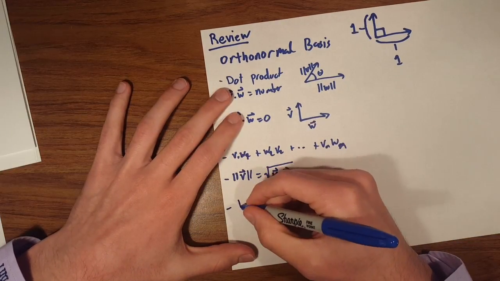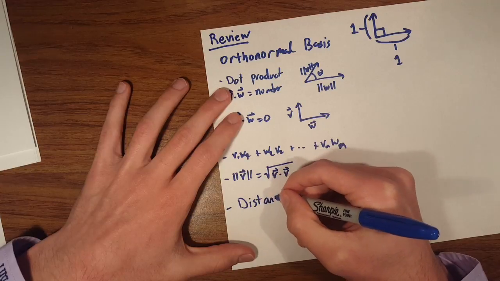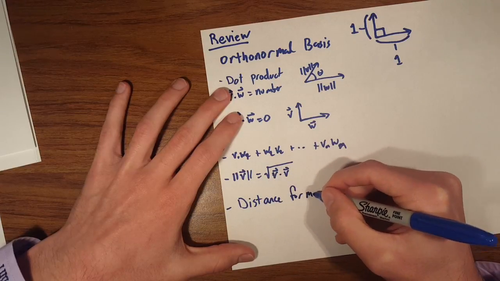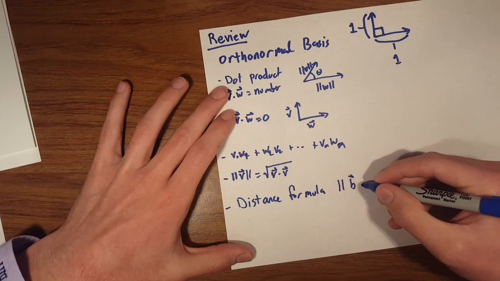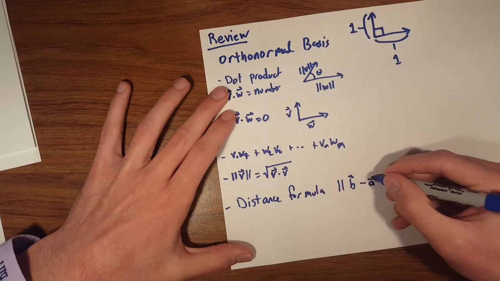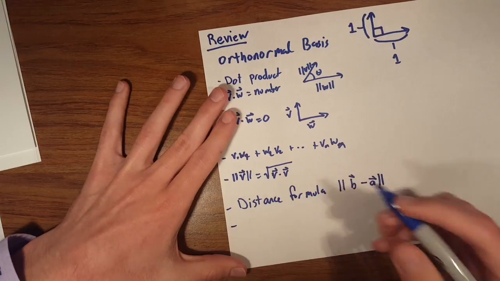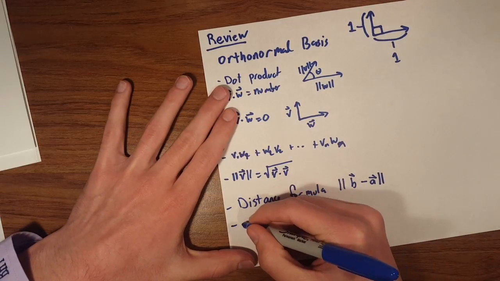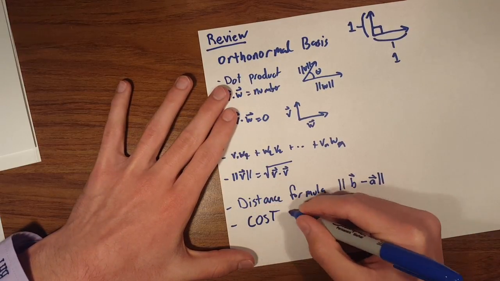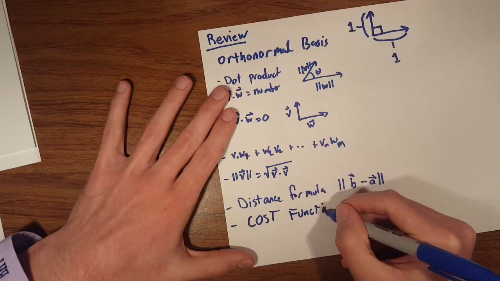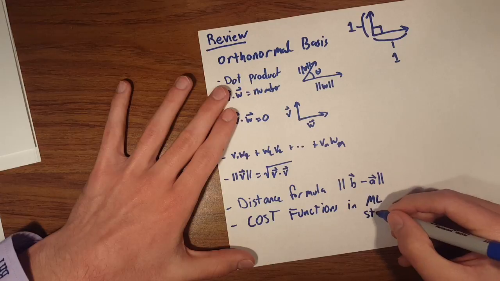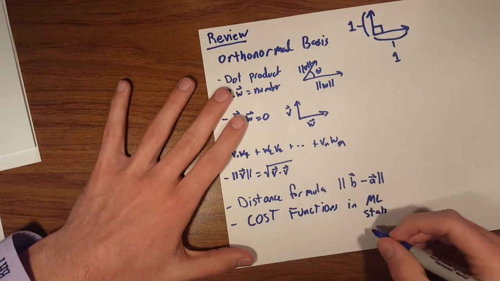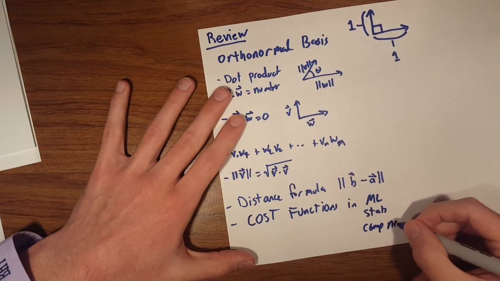And then we talked about the Euclidean distance formula and how it arises from the dot product, and we gave a brief overview of how this leads to cost functions in machine learning, stats, comp neuro, all sorts of things.